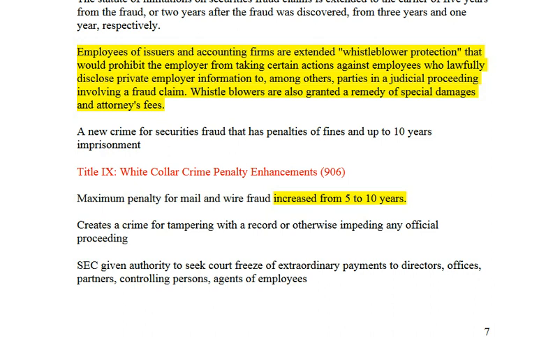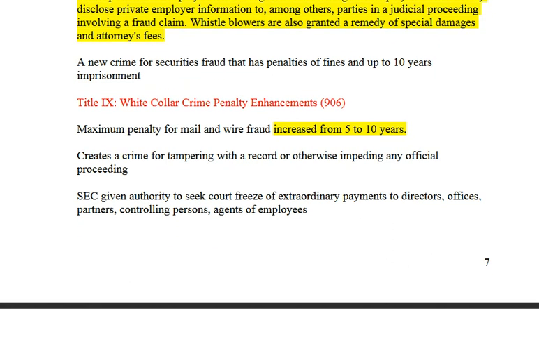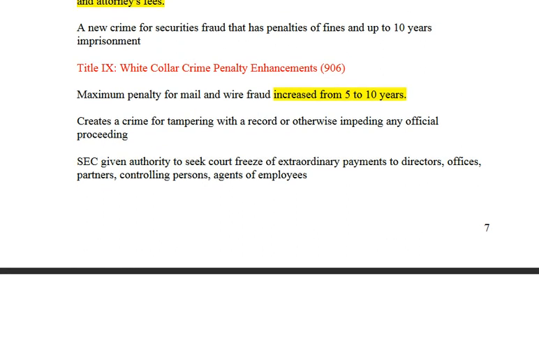Whistleblowers are also granted a remedy of special damages and attorney fees. A new claim for securities fraud that has a penalty of fine and up to 10 years imprisonment. Title 9. White collar crime penalty enhancement.